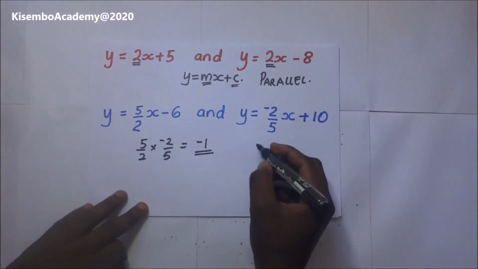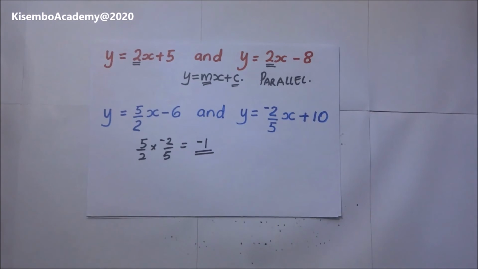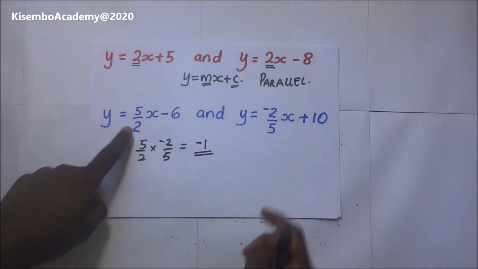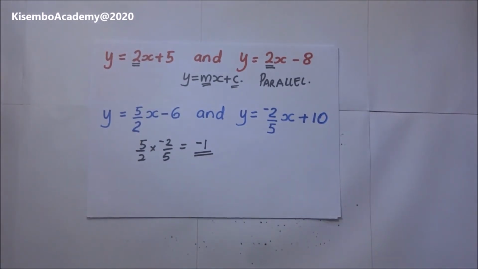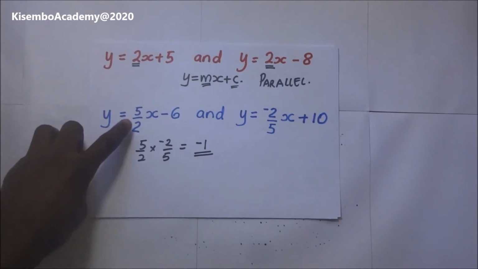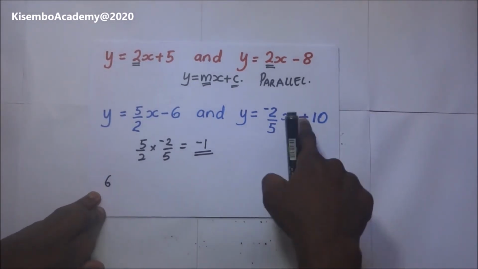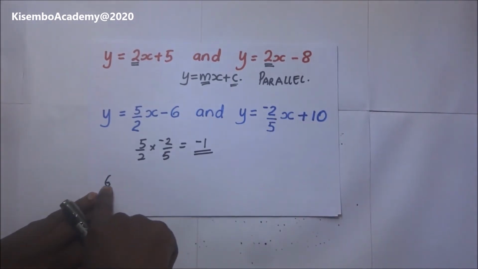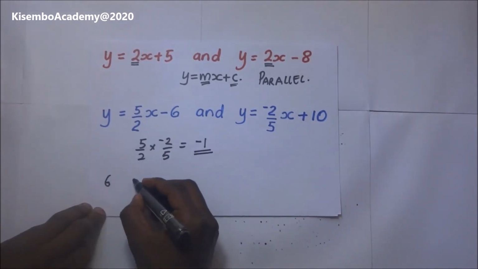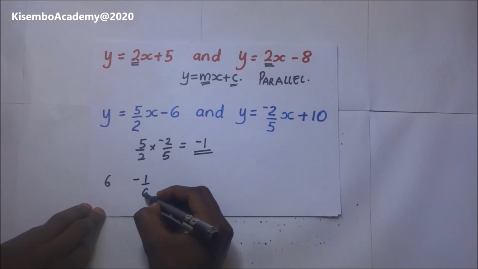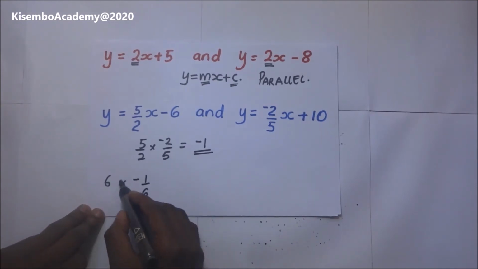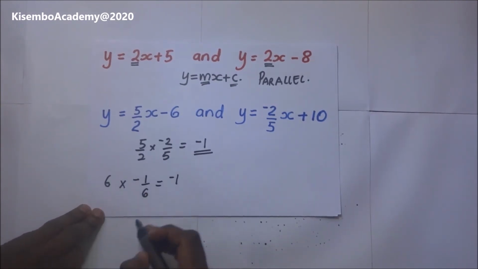So with perpendicular lines, when you multiply their gradients, you always get -1. So if the gradient of this line was 6, the gradient of the other line will be the negative reciprocal of this, so it will be -1/6. Why? Because 6 times -1/6 gives us -1.